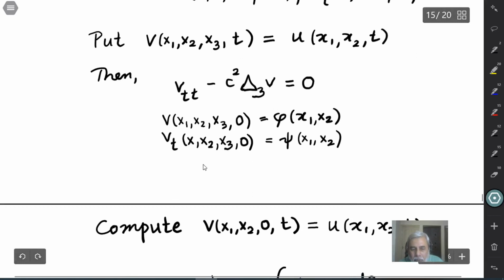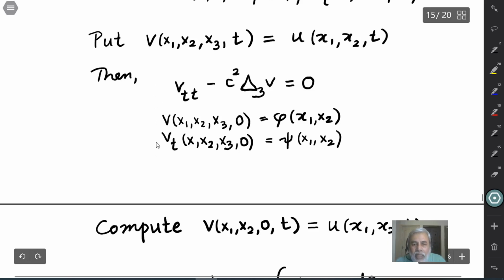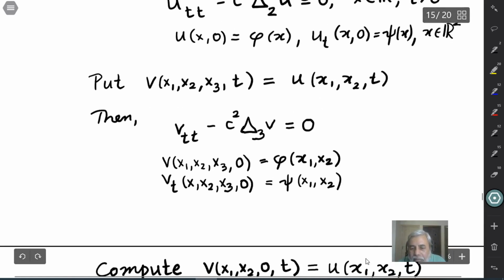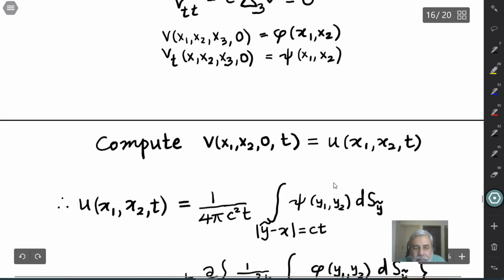So now that v satisfies the three-dimensional wave equation, we find the formula for its solution using the Kirchhoff formula, and then we recover our u by putting x3 equal to 0.